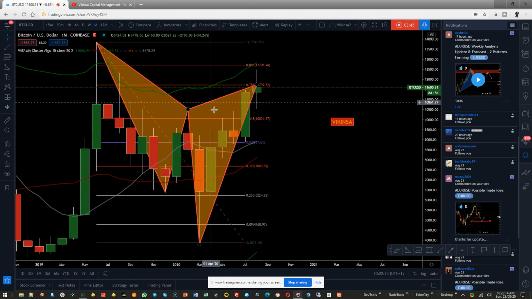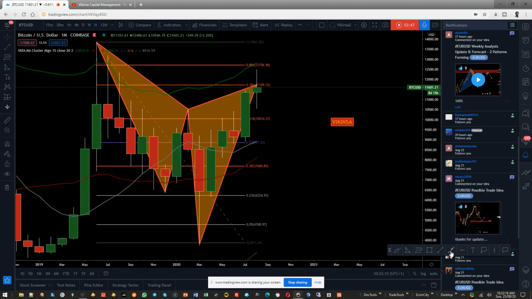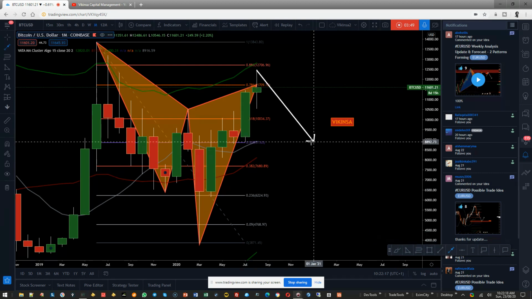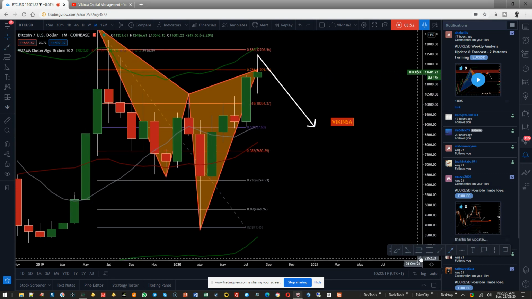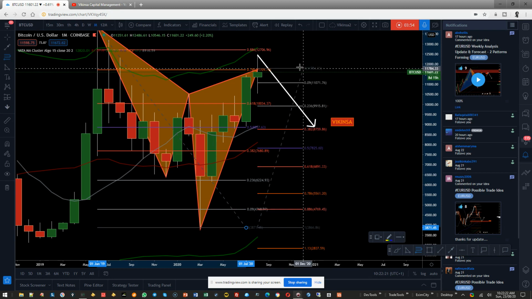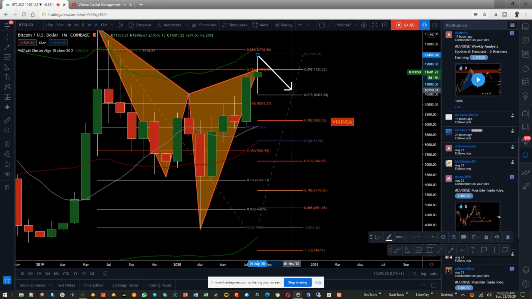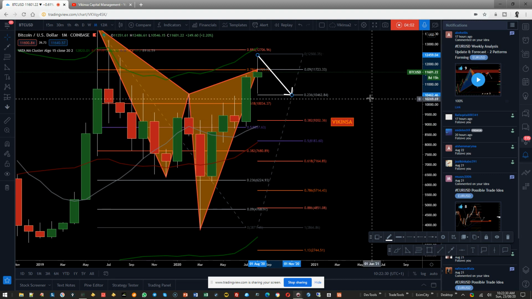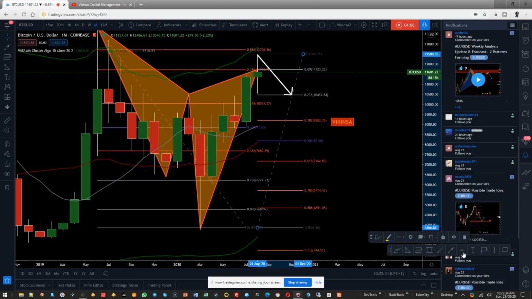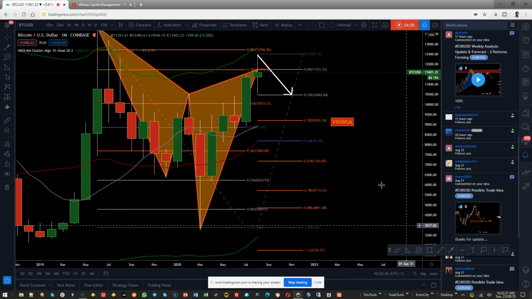Now, because the market has created this W structure, it is expected to fall from there. The first target we are going to look at is 38.2 around here, which is actually not the first target. The first target is going to be around here, 10,462, which is right here.